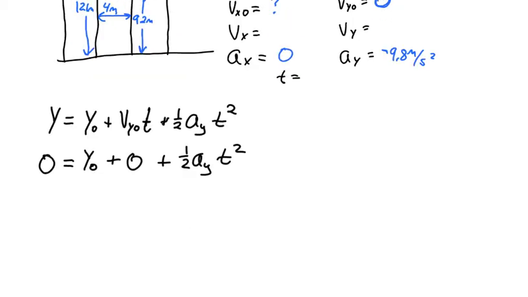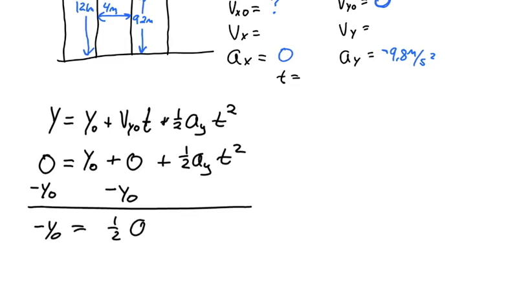Then I need to rearrange to get t all by itself. So I'm going to leave the term that has t in it alone for right now and get this term out of here. So let's subtract y naught from both sides, because hey, why not? Negative y naught equals 1/2 ay t squared.